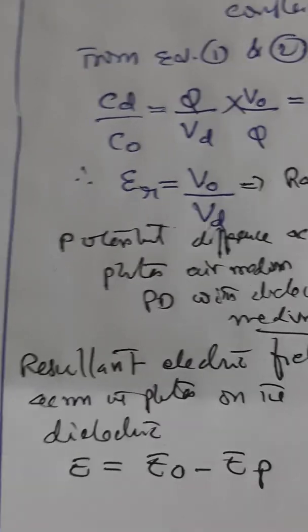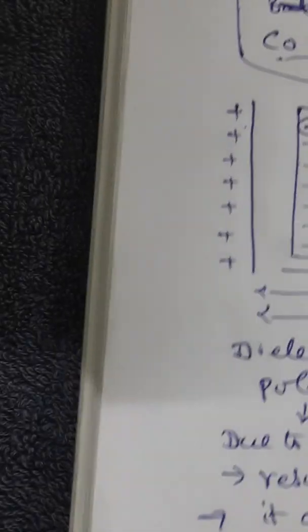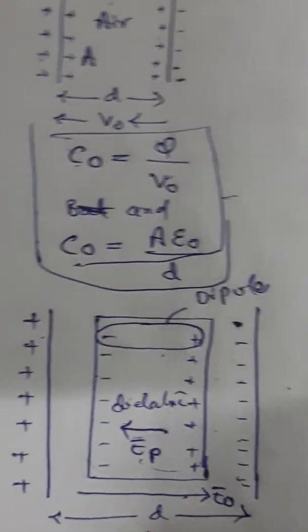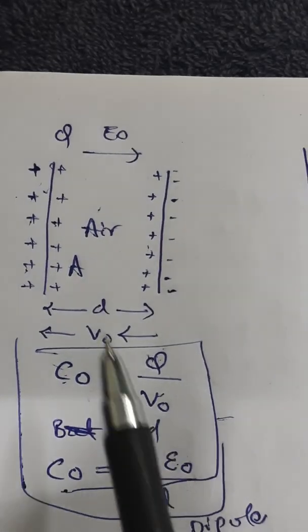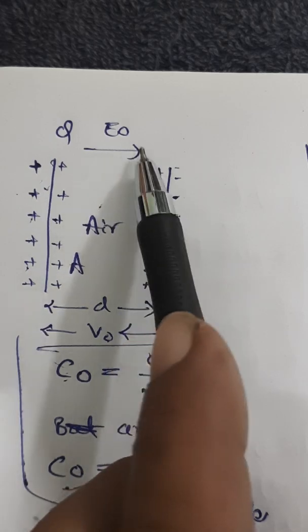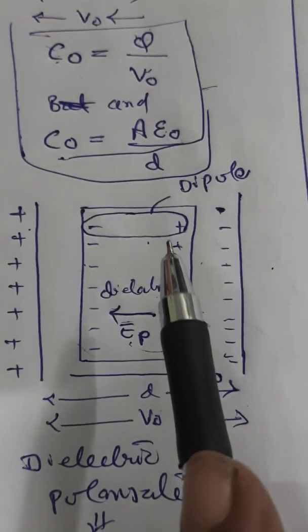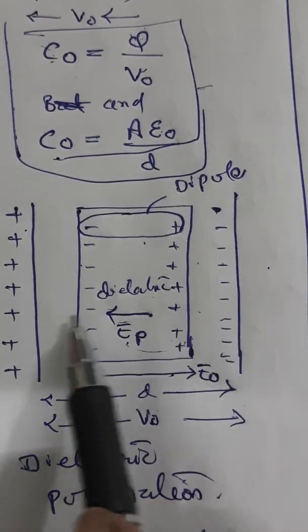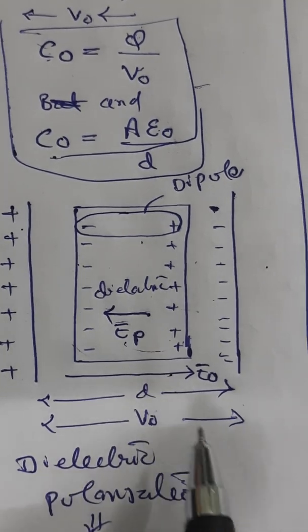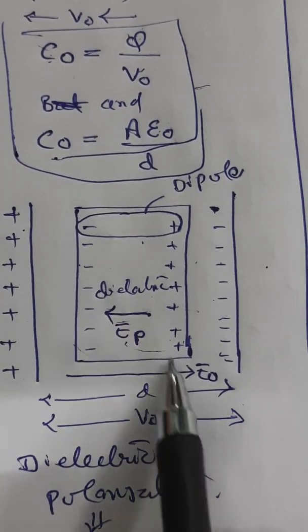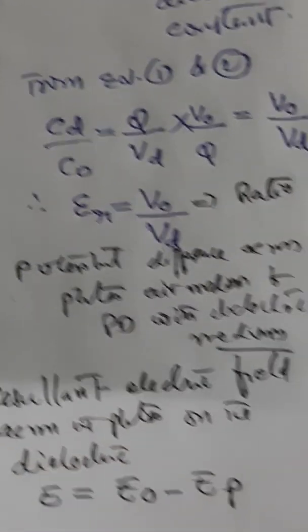What is this E naught minus EP? Before introducing the dielectric, the field is like this. The moment you introduce the dielectric, induced polarized field is acting oppositely. So the difference between these two fields is the resultant electric field.